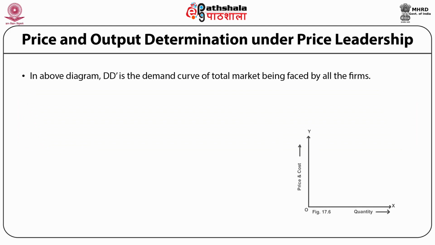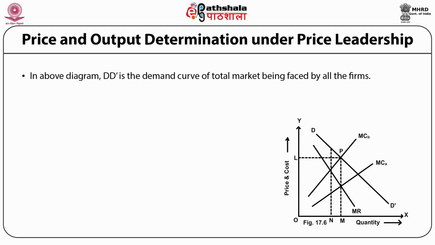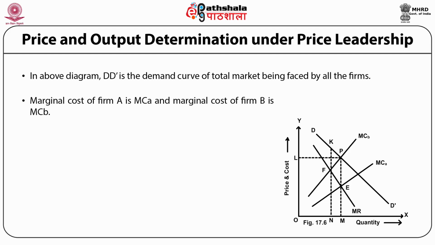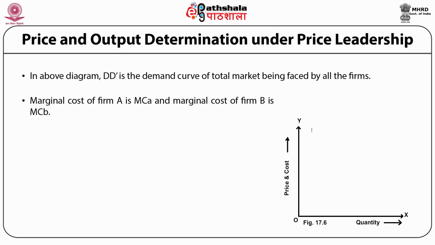In this diagram, DD dash is the demand curve of the total market being faced by all the firms. MR is the marginal revenue curve. Marginal cost of firm A is MCA and marginal cost of firm B is MCB.